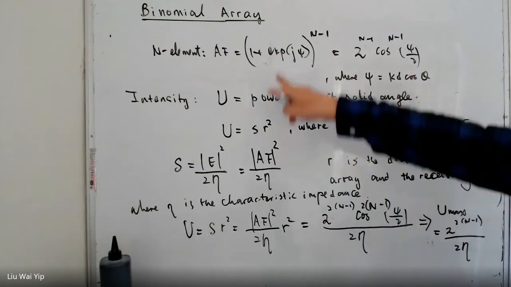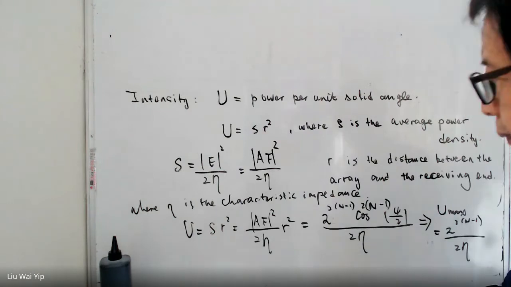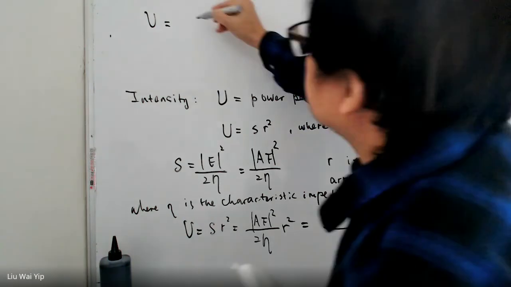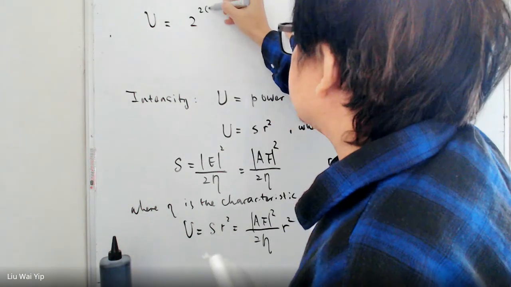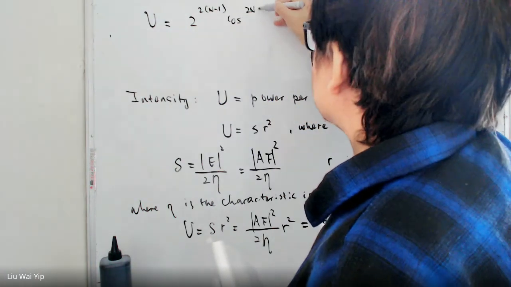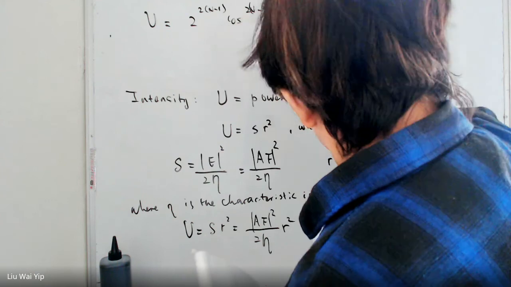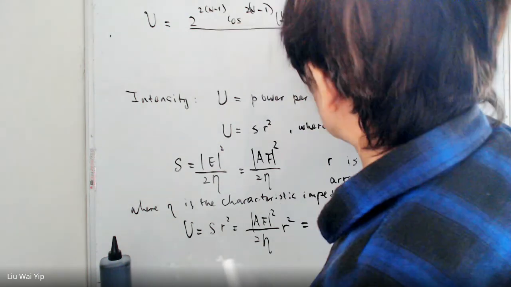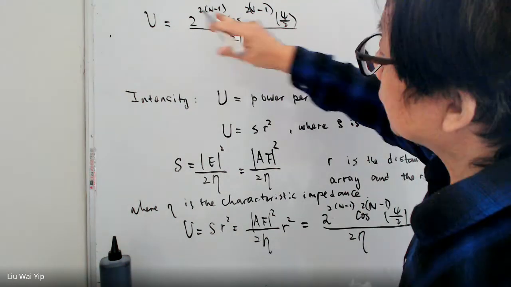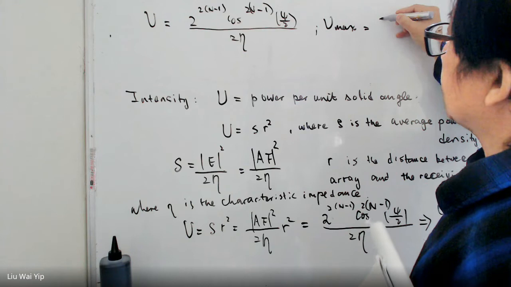So we are going to continue from here. So U is equal to 2, and we also know that U max is going to be 2.